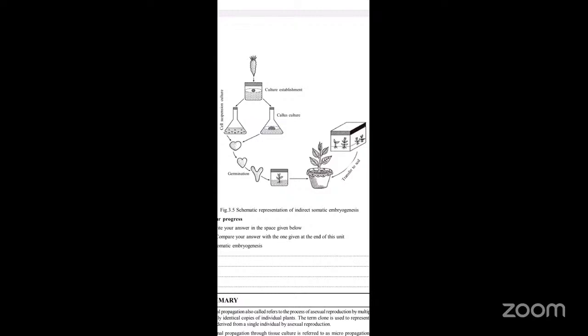Sometimes ovules, anther culture, and endosperm are also there. What is cell culture? See here the types of cell culture.